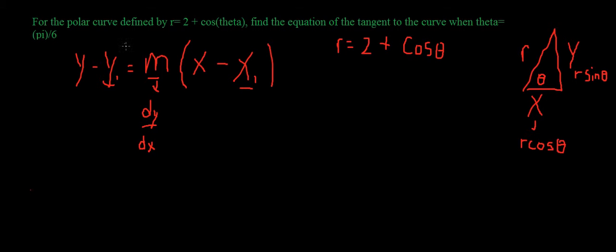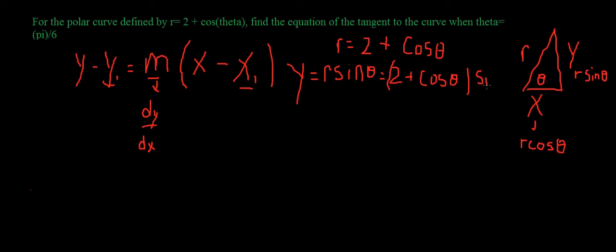So if you want to find the value of y, we multiply both sides by sine theta. So we get r sine theta, which equals y, which equals 2 plus cosine theta, and this whole thing times sine theta.